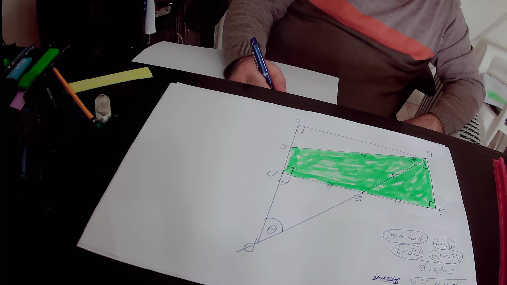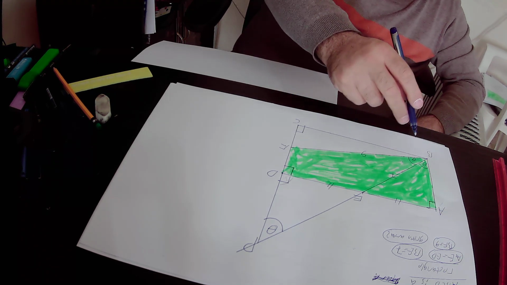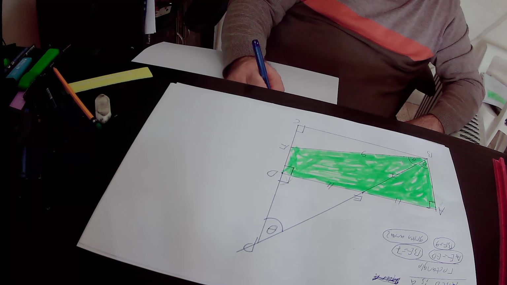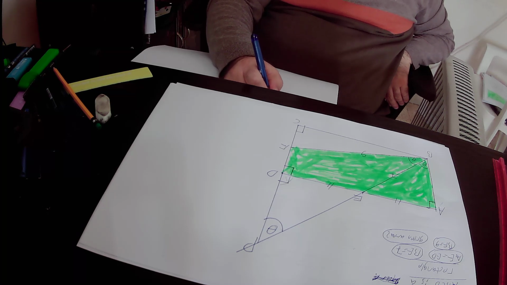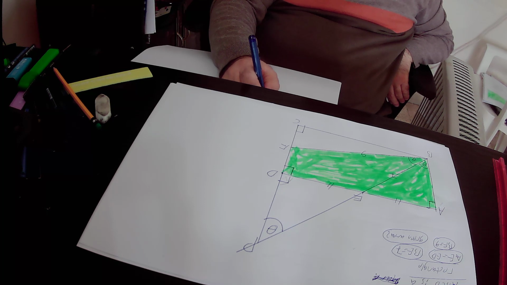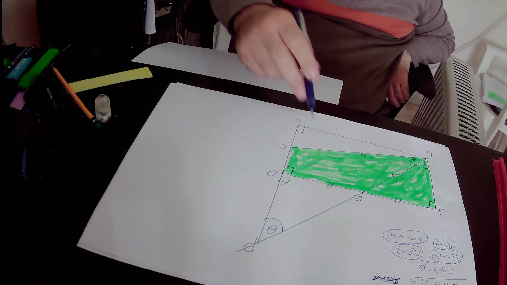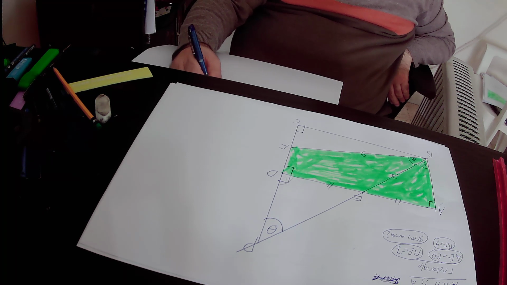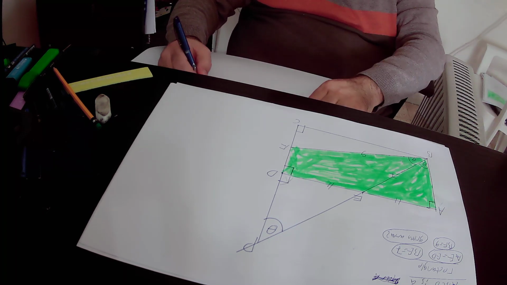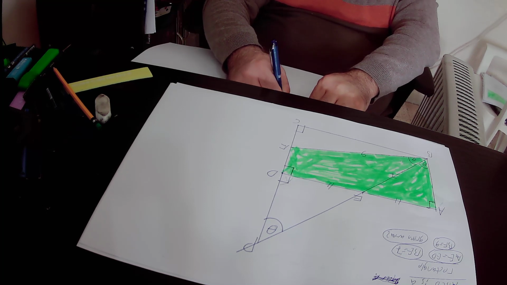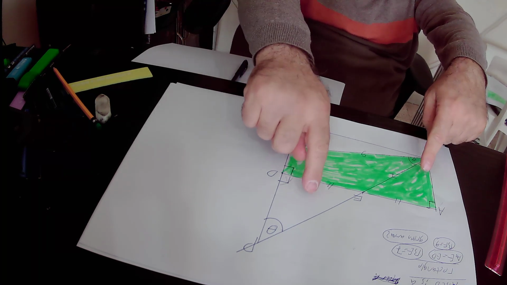We'll focus on the right triangle, triangle ABE, the green right triangle, and the right triangle PED, this right triangle. And we will prove that those two right triangles can go into each other.